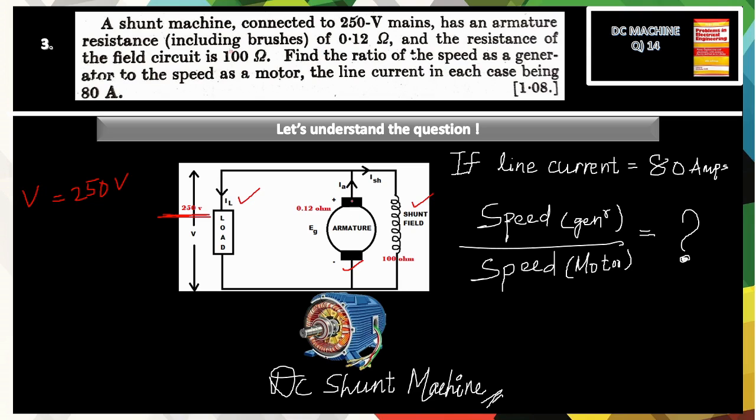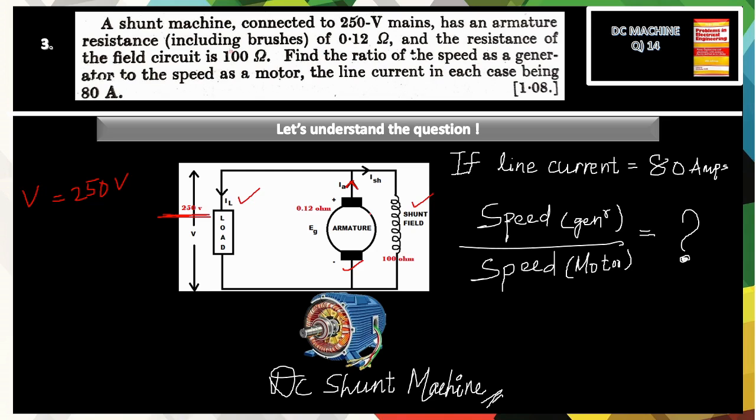So the armature current is moving like this away from the armature or away from the machine, because the generator supplies the current, but in case of motor it consumes the current.